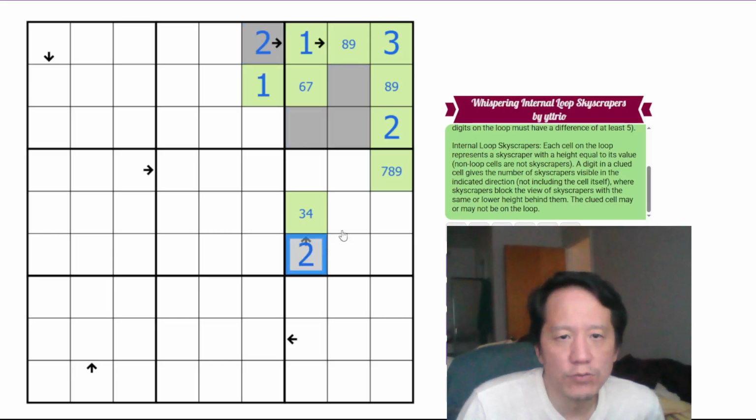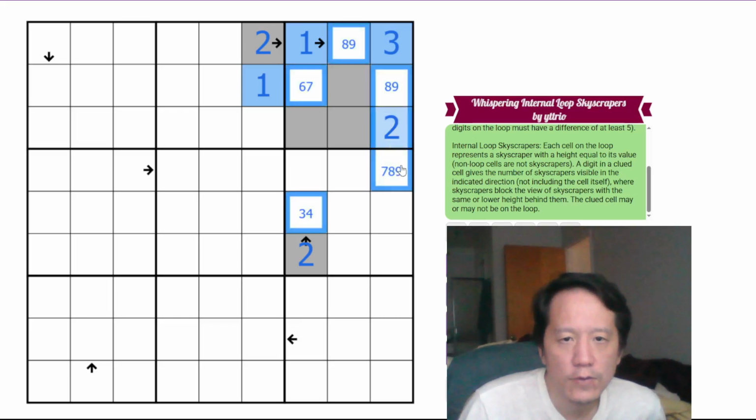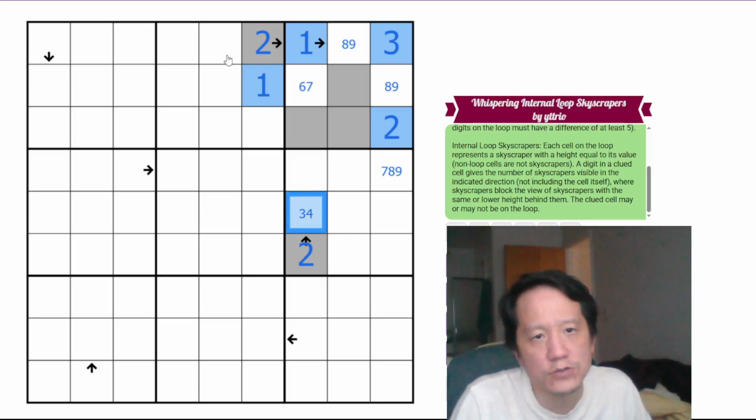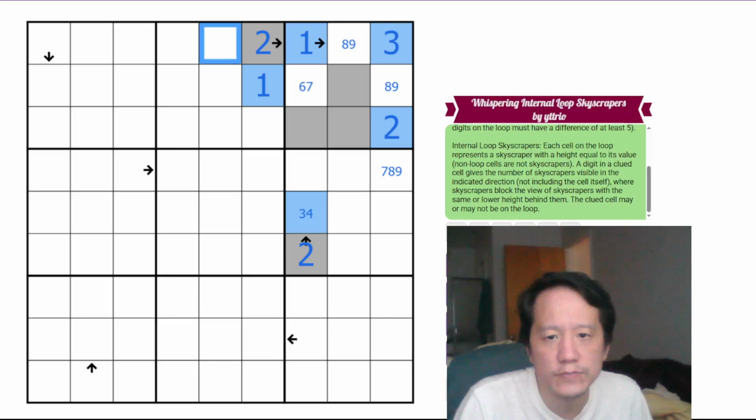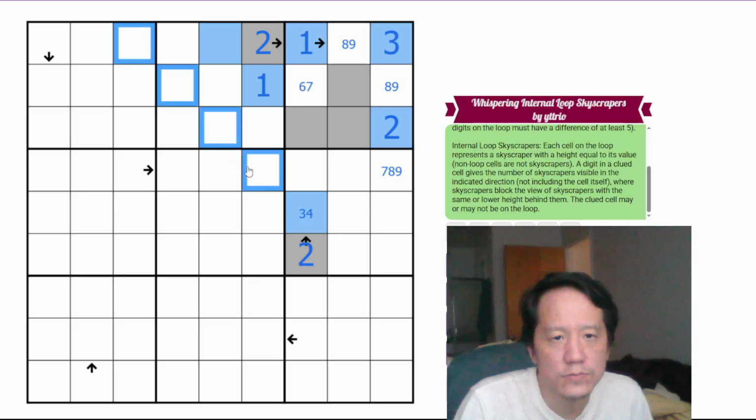Let's make these gray. So we want to be able to distinguish between highs and lows. So this is low, this is low. This has to be low. So lows can only be where? Here. Here.